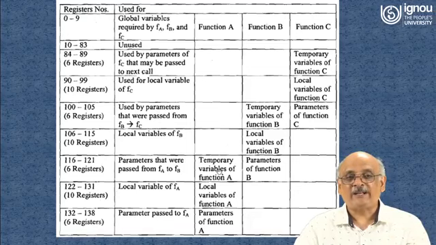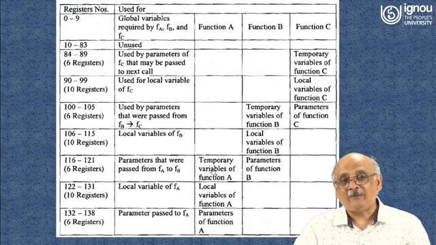Those 3 variables X, Y and Z will be put in the temporary registers. Look into the advantage: the return value will also come into these temporary registers. These 6 registers are being shared between function A and function B.